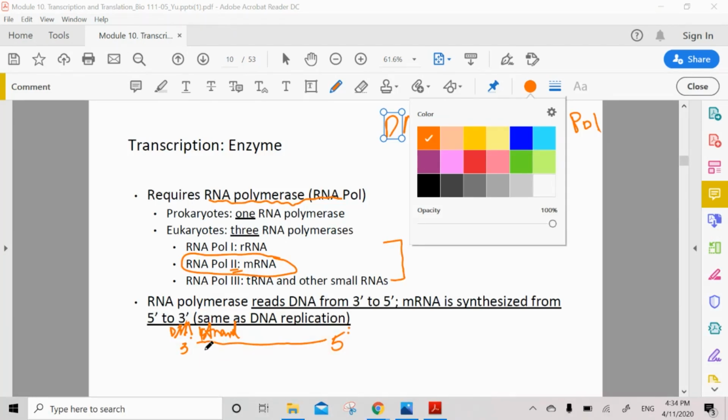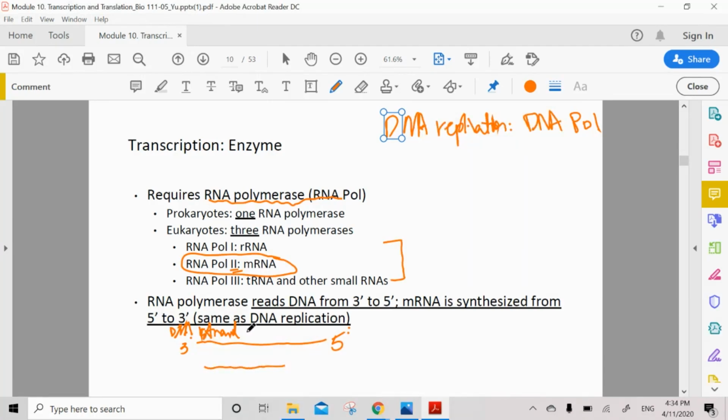The new strand grows from 5' to 3'. This is an example of the leading strand, so the leading strand template goes from 3' to 5', and the DNA polymerase can synthesize the new strand from 5' to 3'. It can synthesize this strand continuously.